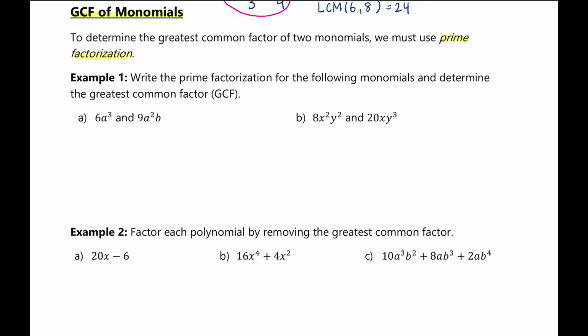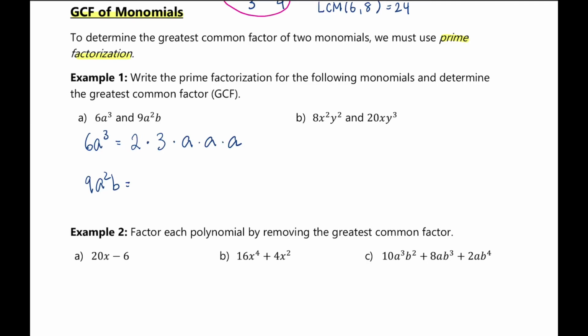So let's set up as 6a cubed equals something and 9a squared b equals something. So we need to do the prime factorization. That means we first need to find some prime factors. 6 in front of a cubed can be divisible by 2. So I can say 2 times 3 for 6. And then I'm going to split the a into multiplication. For 9a squared b, I'll do the same.